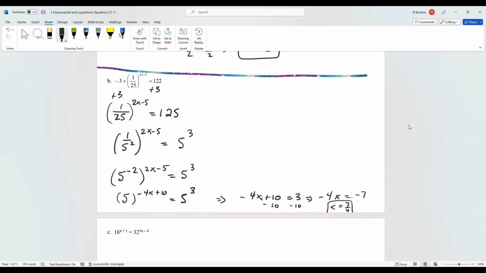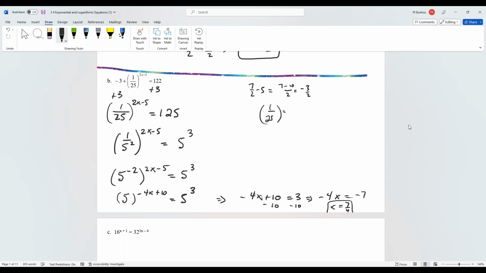If I plug 7 over 4 in for x, 2 times 7 divided by 4 is going to be 7/2 minus 5. And that's going to be 7 minus 10 over 2, or minus 3/2. And then it's already 1 over 25.